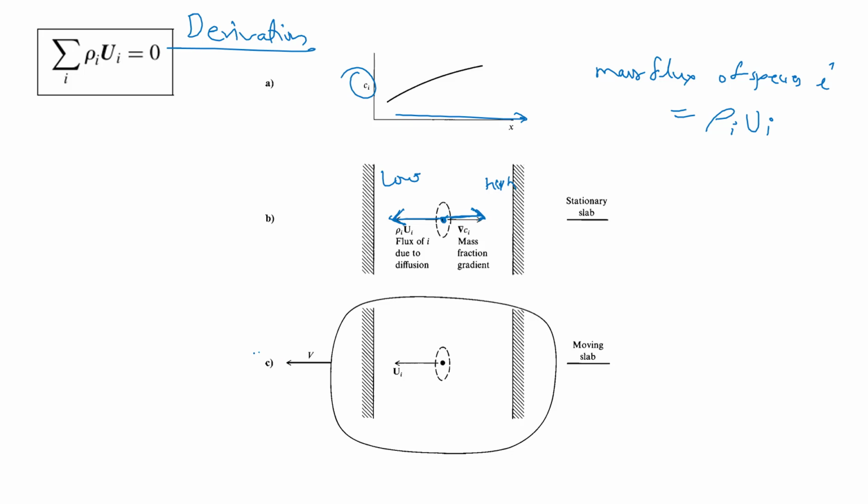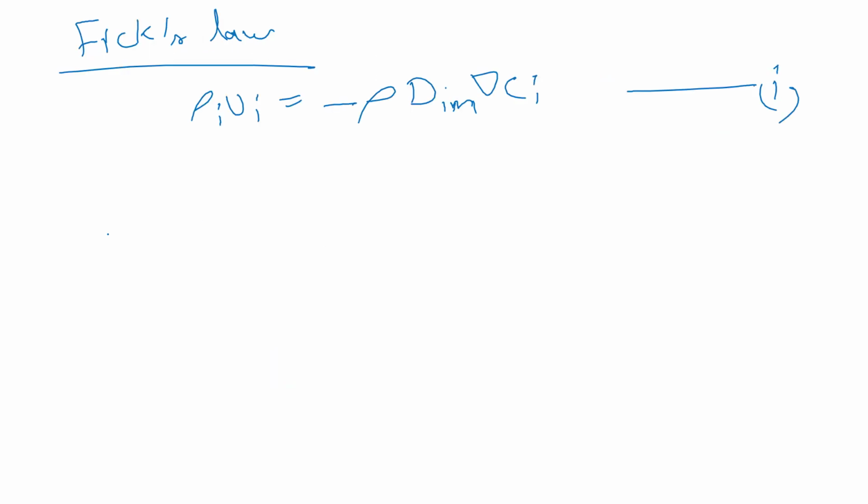Now if you see that this whole gas slab is moving to the left direction with velocity V, then what will be the Vi, the relative velocity?